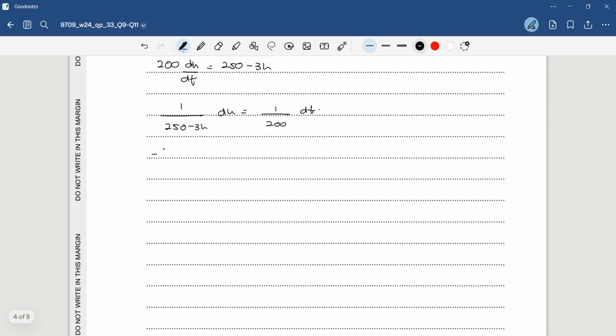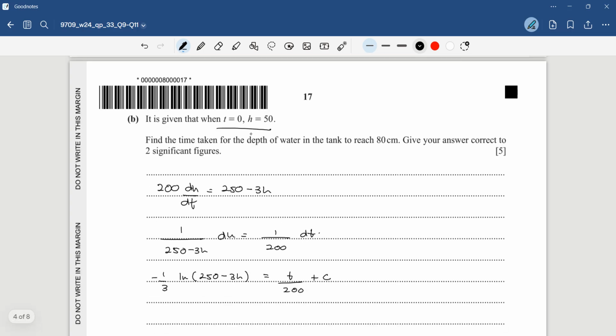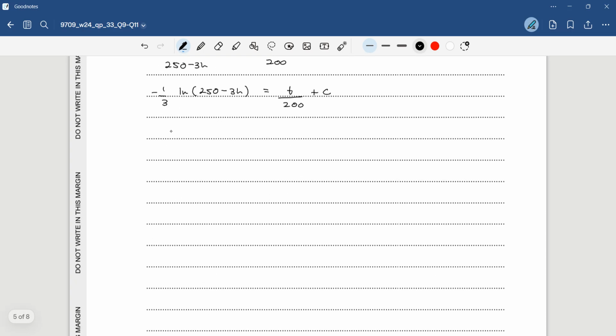Okay, so negative 1 over 3 ln of 250 minus 3h is equal to t over 200 plus c. Based on this, t equals 0, h equals 50. So negative 1 over 3 ln of 250 minus 150 is equal to 0 plus c. Therefore, c equals negative 1 over 3 ln 100.